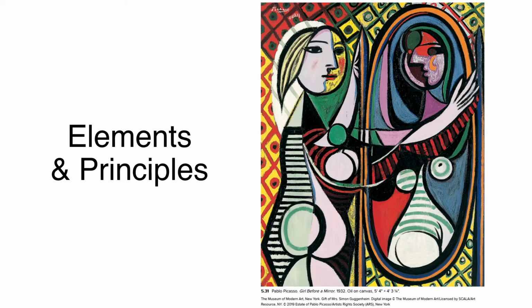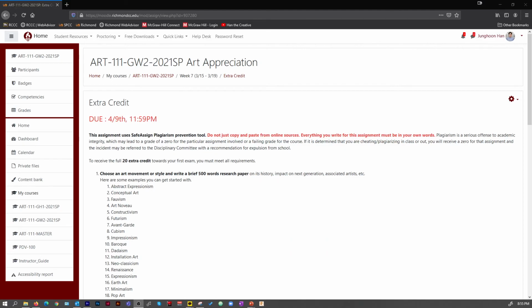And if you are not too sure about particular principles or elements of design, just let me know so that we can talk about it, and then I'll give you more examples so that you will have a better understanding of what they are. So just like last week, we're going to have an activity next week, making you guys have a better understanding of the principles of design that we learned today. So that is it for today's lecture.